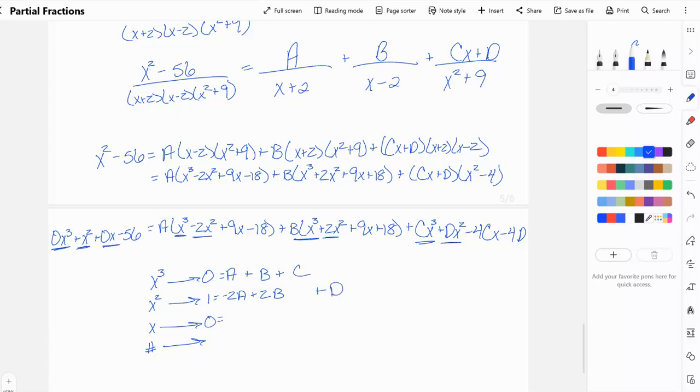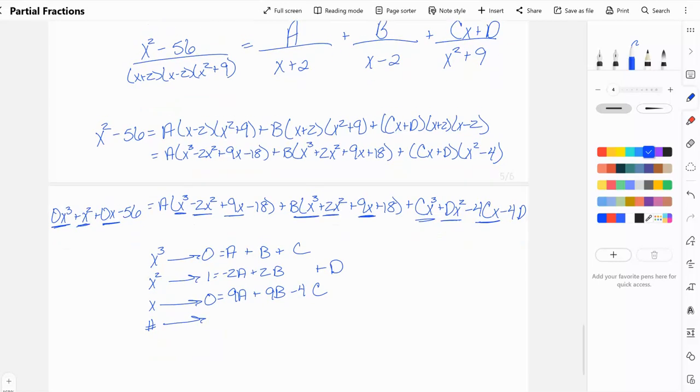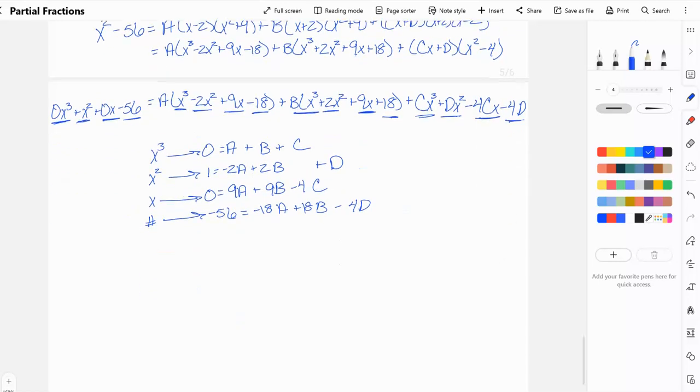X's, I got 0 on the left. I'm going to have a 9a plus 9b coming from here minus 4c. And then the number, I have a negative 56. That's going to be equal to negative 18a plus 18b minus 4d. This one's not going to be easy to solve by hand, so I'm going to create that matrix.